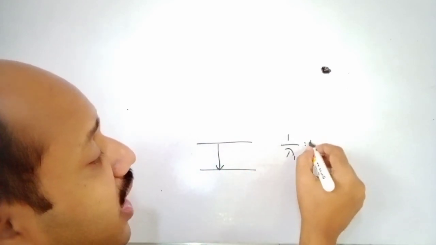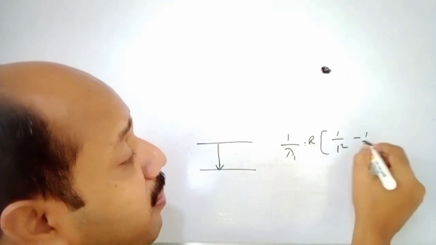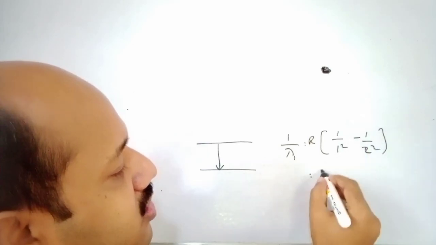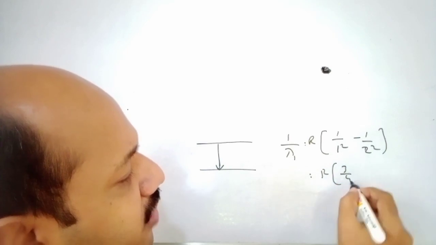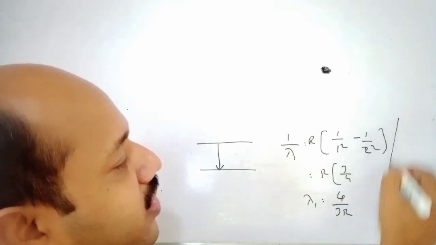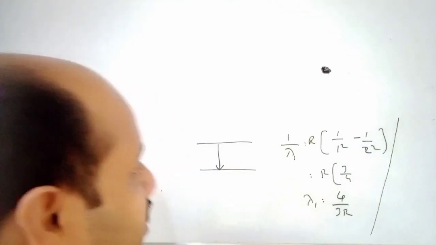Then it is Rydberg constant, 1 by 1 square minus 1 by 2 square, right? This is R, 4 minus 1, this is 3 by 4, therefore lambda 1 is equal to 4 by 3R.